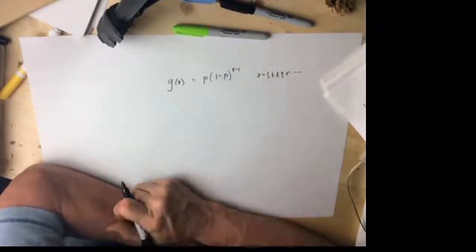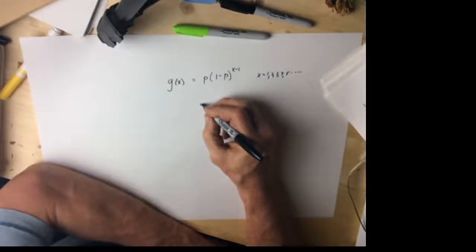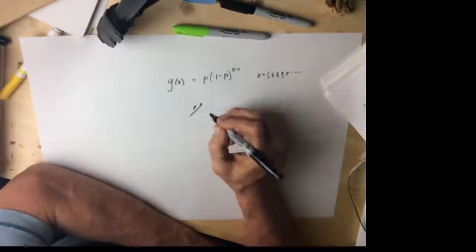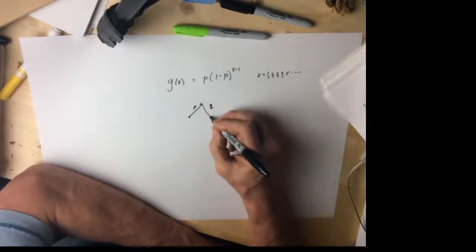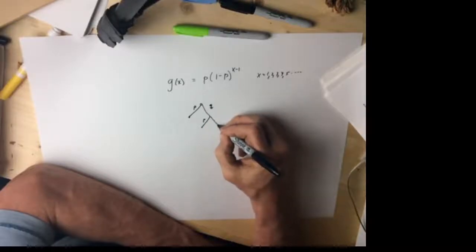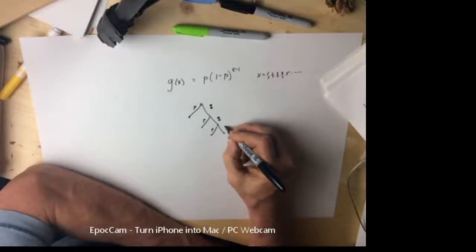That looks very familiar. That looks like we've put this in a tree before. P, Q, P, Q, P, Q.